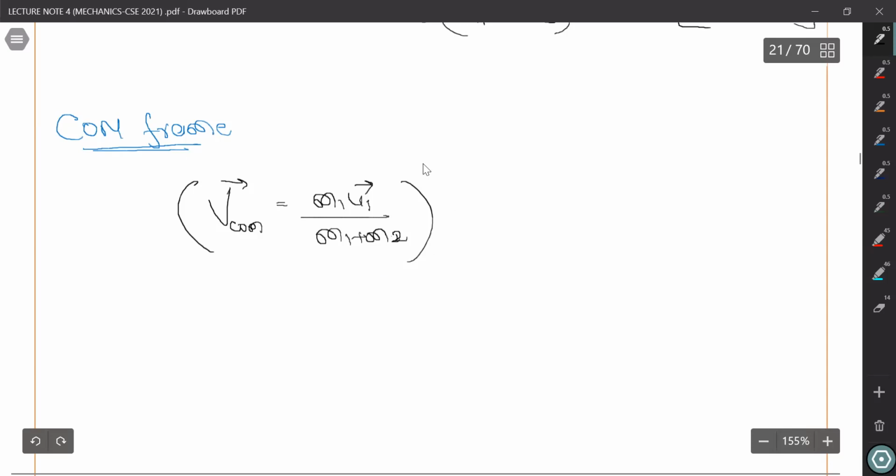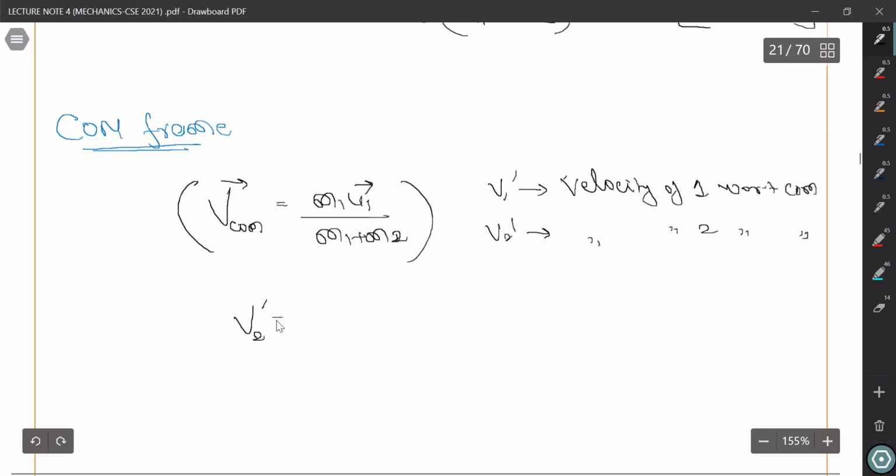So v1 dash is the velocity of 1 with respect to the center of mass, and v2 dash is the velocity of 2 with respect to the center of mass. We have already discussed these things, and we also know that v2 dash equals m1 by m2 v1 dash.